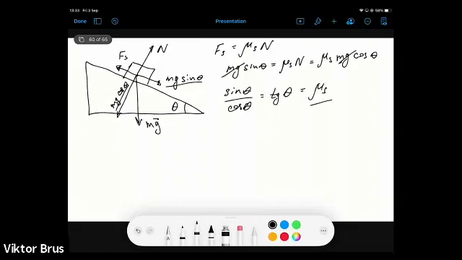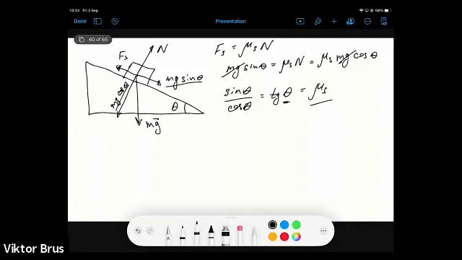So only this static friction coefficient will define the angle theta at which this body will start to slide. Interestingly, the mass of the body doesn't influence this value of angle theta.